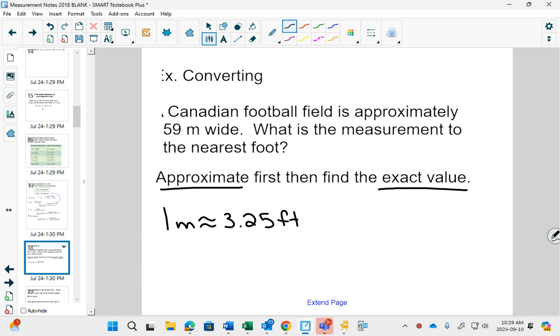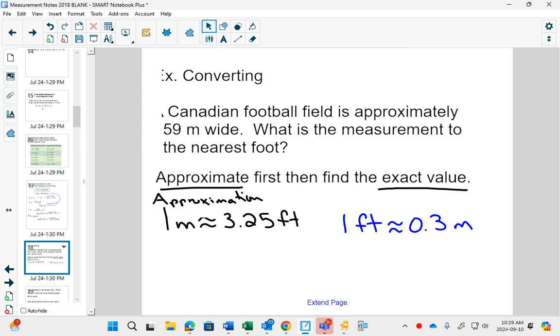And then I also have this one, which I'm going to change color. And maybe I'll just add a title here. We're doing our approximation. So anytime you are using one of the conversions with the approximation sign, your answer is not going to be exact. It's going to be an approximation.